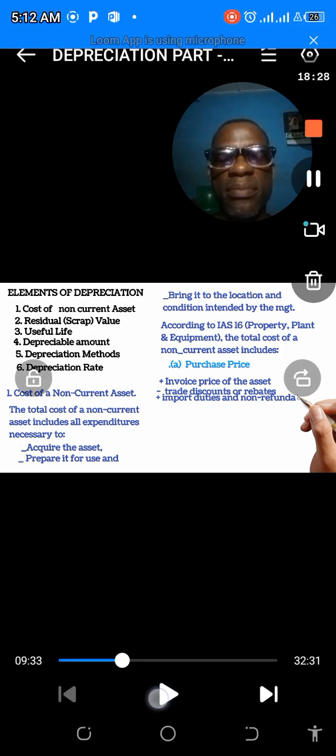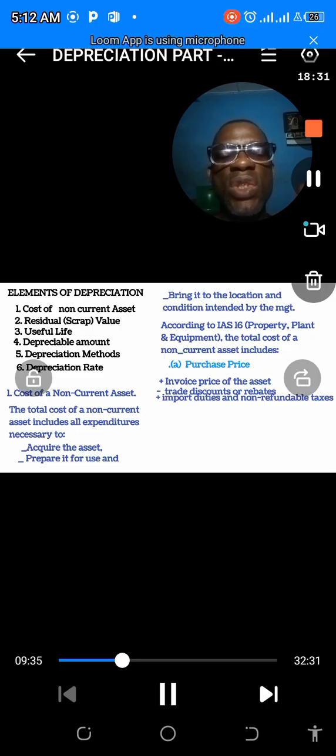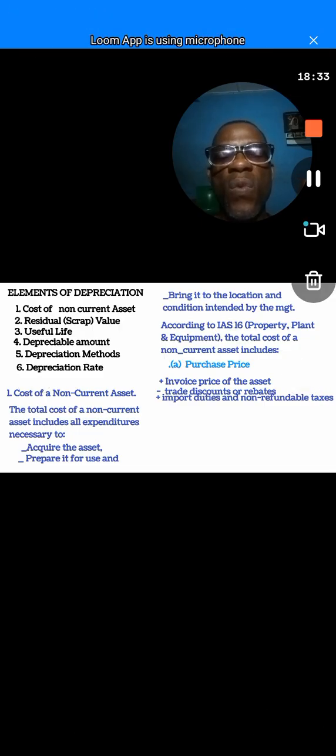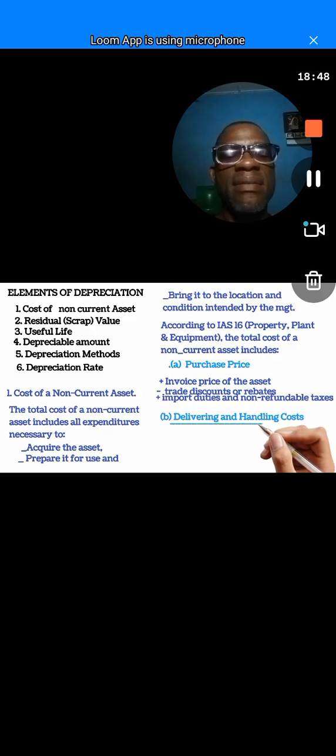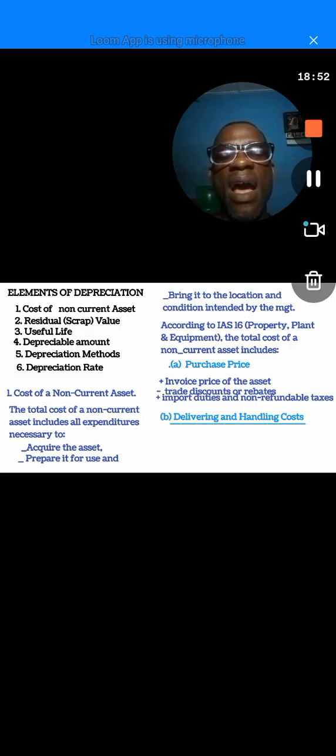Let's proceed. Now, we are going to take a look at another element of the cost of non-current asset. This one is delivering and handling costs. For instance, as we have said before, everything that brings that fixed asset to where it will be used is part of the cost.